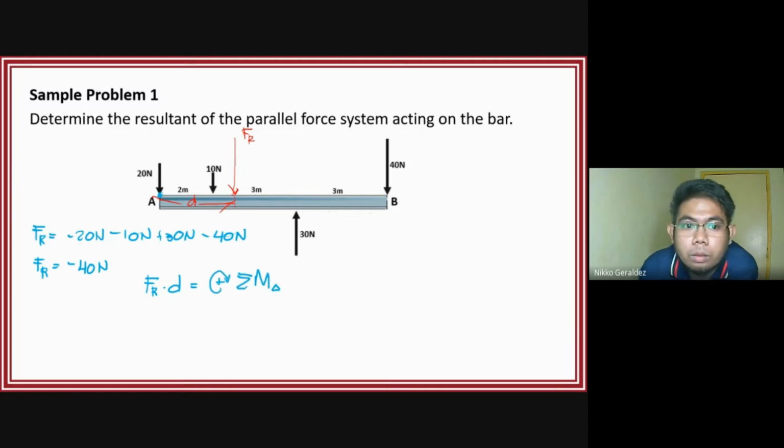Ayan po. So, una, resultant force. Pag moment, hindi natin kino-consider yung sign ng resultant force. So, that is 40 newtons times perpendicular distance d, kasi ayun yung unknown.